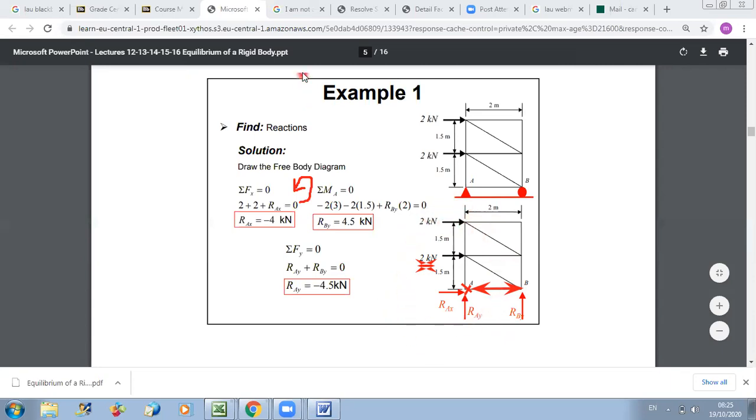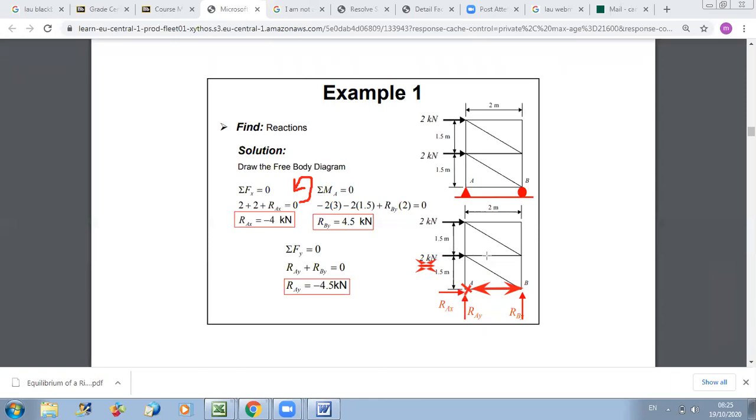To know by which distance I should multiply, I look at this 2 kilonewton force. It is at a distance of 1.5 meters, so it's minus 2 times 1.5. For this one up, the distance from here to here is 1.5 plus 1.5, which is 3, so it's minus 2 times 3. This equation will directly give me RBY equal to 4.5 kilonewton.